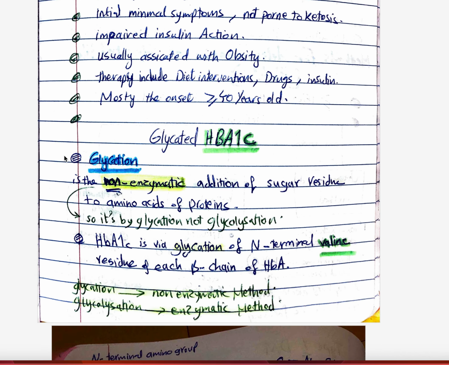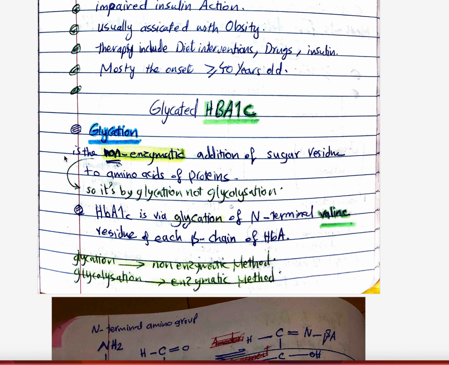Then we go to the glycated hemoglobin A1C, and we know that it is the most important thing for the diagnosis of diabetes. It's not enzymatic. Again, it's not enzymatic.